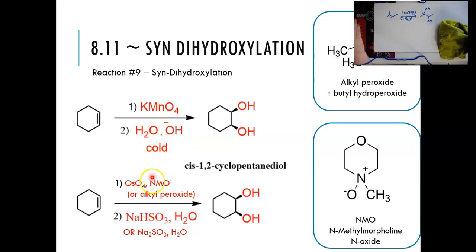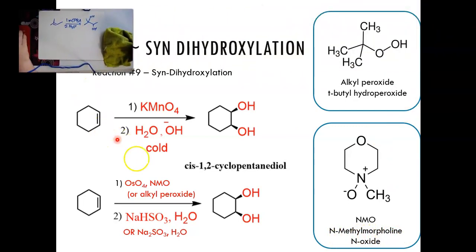The second way to do it is with OsO4, which is osmium tetraoxide, and then we would combine that with either NMO, which is over here, N-methylmorpholine N-oxide, or we could combine it with alkyl peroxide.